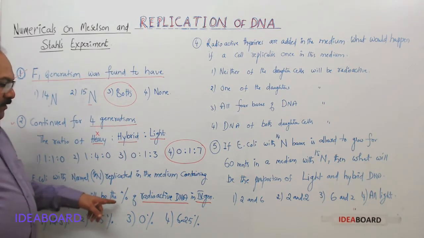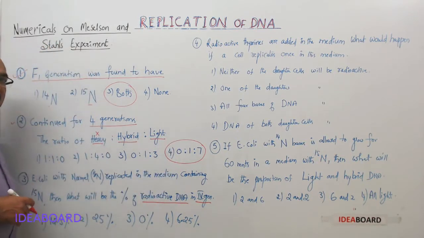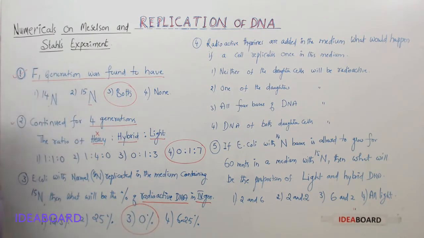They are asking the percentage of radioactive DNA in the fourth generation. It is a tricky question. Only thing is that don't forget N15 is a heavy isotope. It is not a radioactive isotope. That's why the answer is very simple. The answer is this third one, 0%. Because they didn't use the radioactive one. It is a heavy isotope, not radioactive.